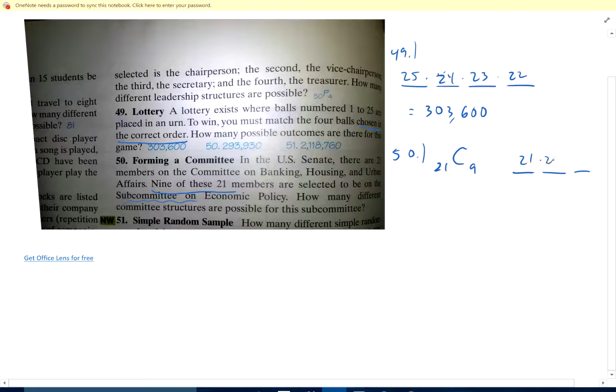21 times 20 times 19, if you do it this way, this tells me that committee with person A, B, C is different than committee C, A, B. But in a committee, these 2 groups are the same, so I don't want to do that. This one right here divides out the repetitions.